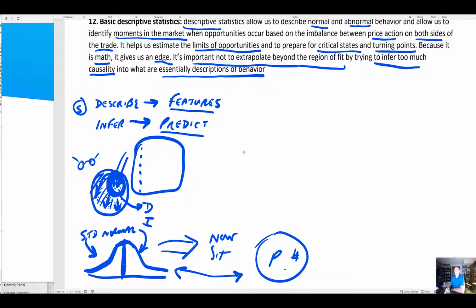Now, given the size of the sample to the size of the population, there's a little bit of risk associated with making that inferential leap from the sample to the population.